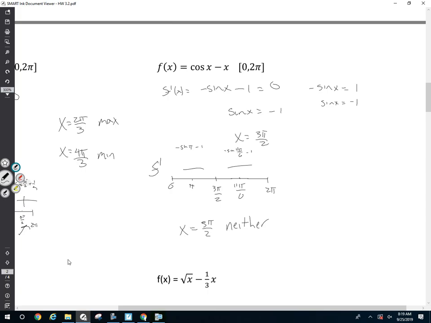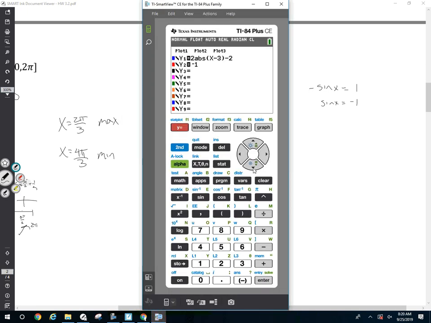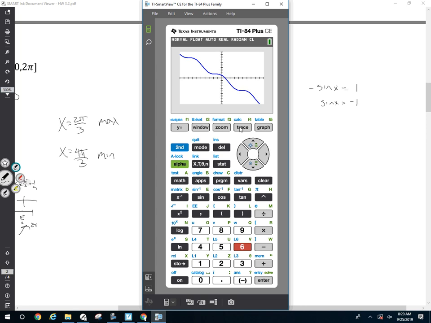It's a pretty cool looking function, this cos x minus x. I'll show you. Make sure your calculator's in radian mode. So here it is, from 0 to 2 pi.